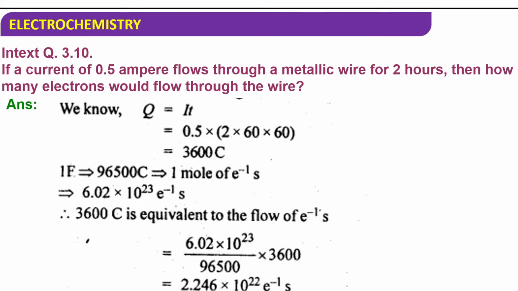So 6.02 into 10 raised to 23 electrons carry 96,500 coulomb. So 3600 coulomb is equivalent to 6.02 into 10 raised to 23 divided by 96,500 into 3600. So 2.246 into 10 raised to 22 electrons. Got it?